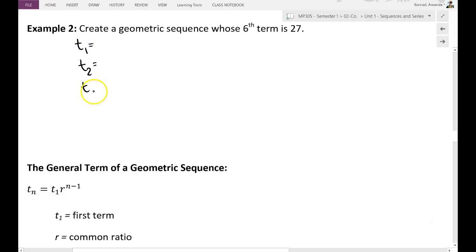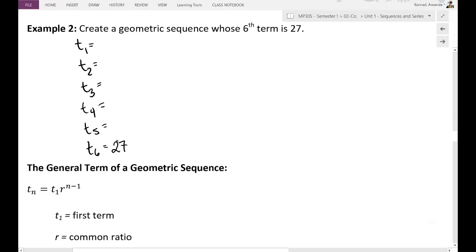So we're needing to figure out all of these terms. Term 4, term 5, term 6. Is the only one we're given, 27.